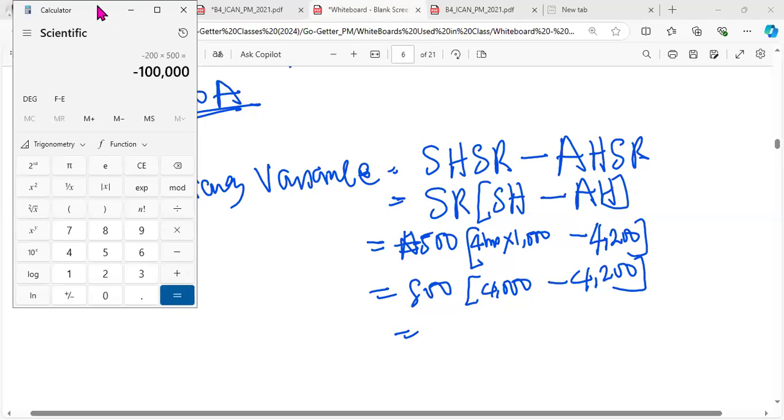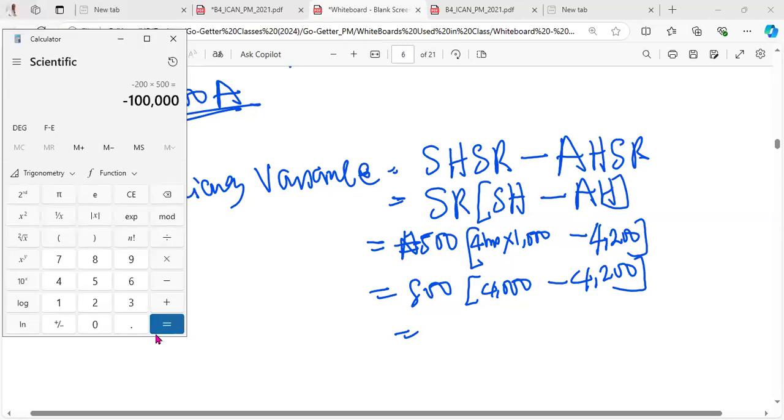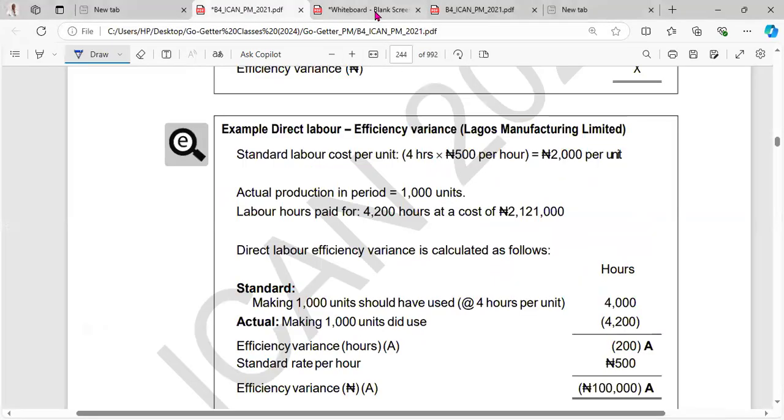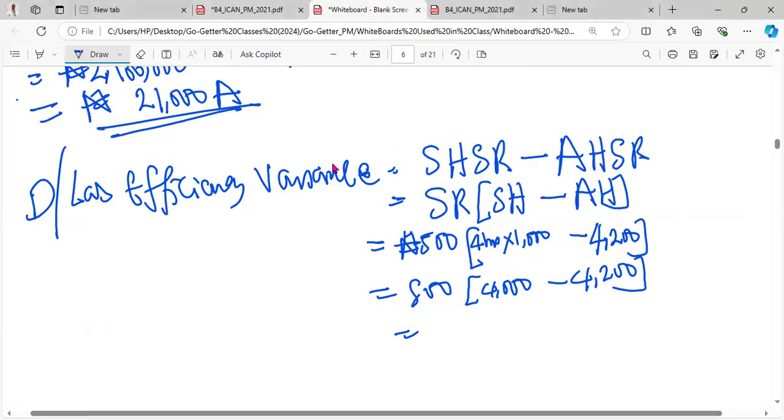What am I getting? 4 times 1,000 gives me 4,000, right? Minus 4,200, that's 200, multiplied by 500. I'm getting 100,000. Yes, that's it, 100,000.